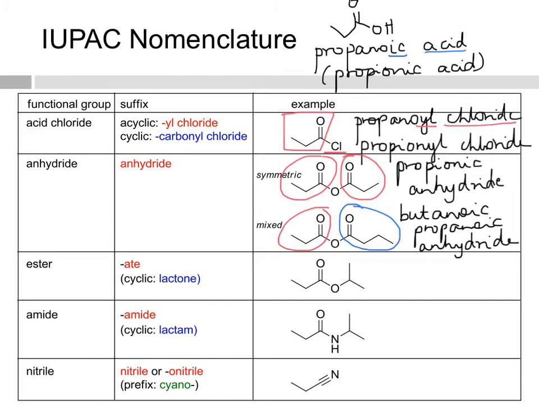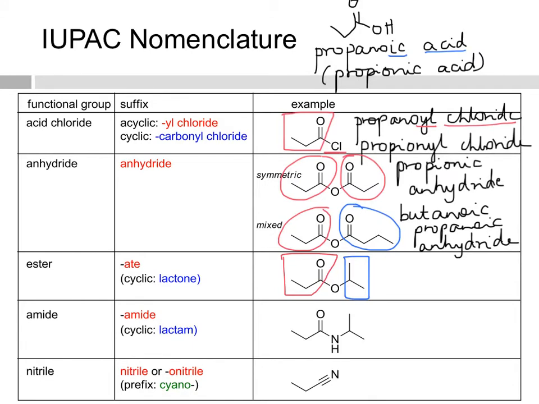When we're looking at esters, a cyclic ester is called a lactone. Now let's just focus on acyclic esters, in which case we're going to end with -ate. The first thing we need to do is figure out what our parent carboxylic acid is, and it is, again, propionic acid. And then we need to label our R group, which is isopropyl.